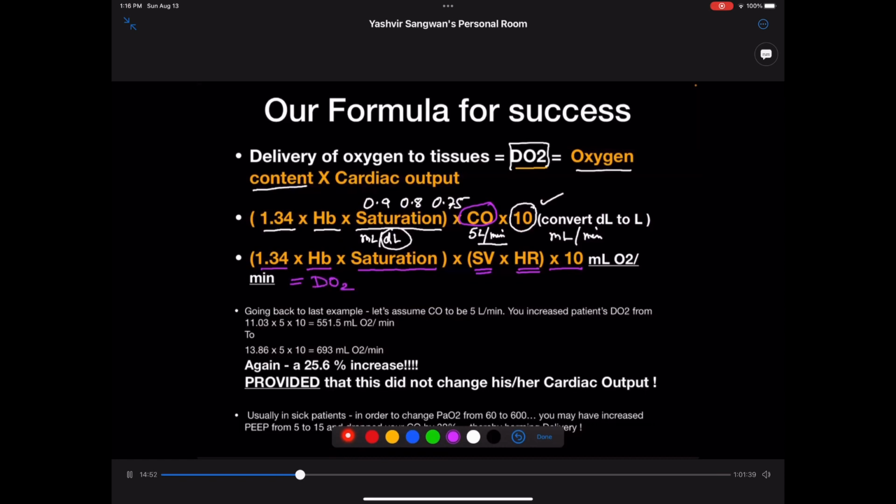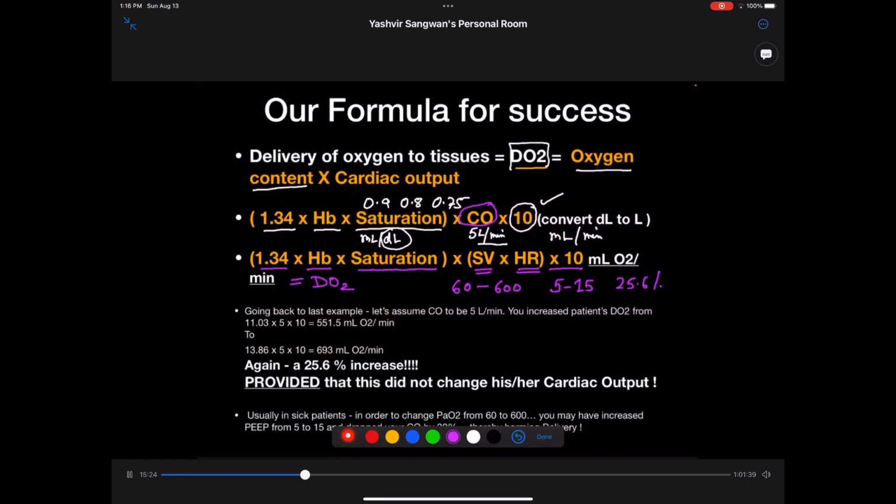Going back to the last example, let's say that in order to increase the PaO2 from 60 to 600, we had to increase the PEEP, for example, from 5 to 15. And for this, we got a 25.6% increase in our oxygen content.